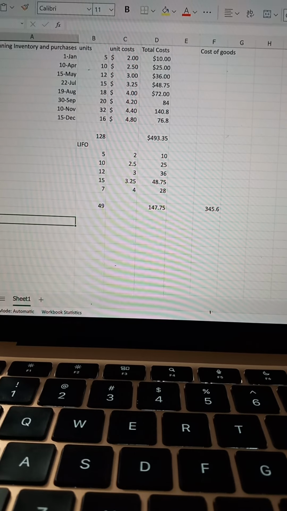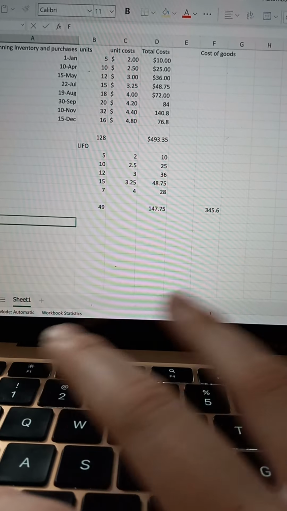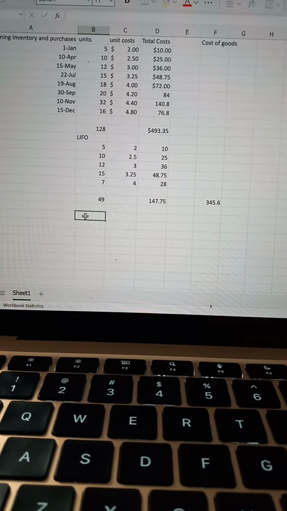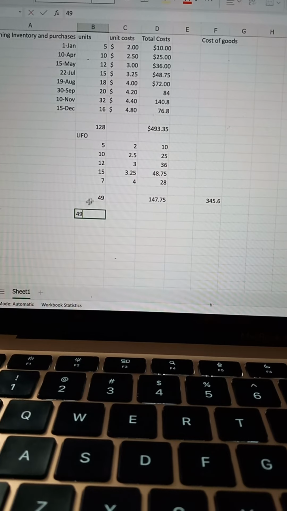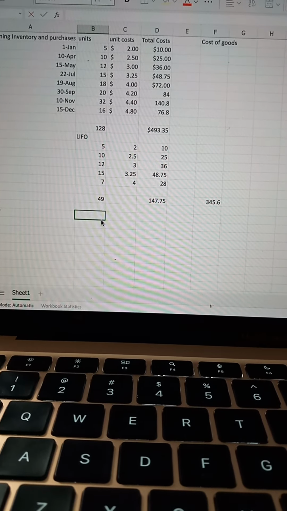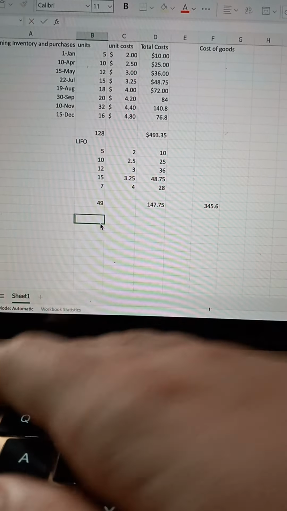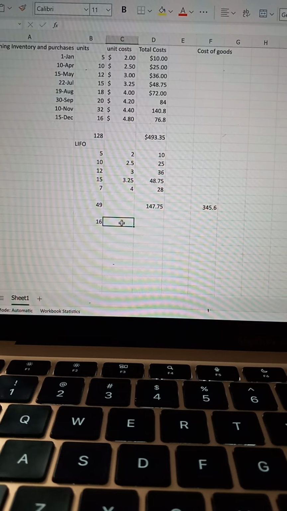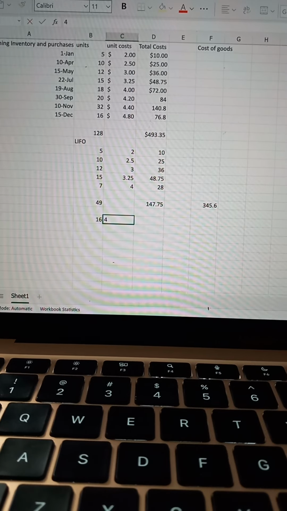And this one is going to be the FIFO. Again, it's going to be 49 units. We already know that. Okay? So this one is going to be our 16. And that is multiplied by 4.8.